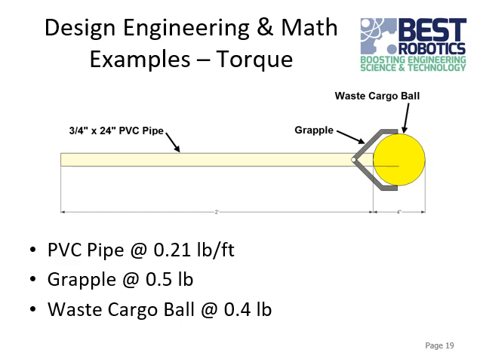So here's just a really simple arm example. They have a 2-foot long PVC pipe as the main part of the arm, and they've got a little gripper there that they say is half a pound. And this example is from an old year where they had cargo balls, but that could be really anything, and they're saying that they need to lift up 0.4 pounds for that.